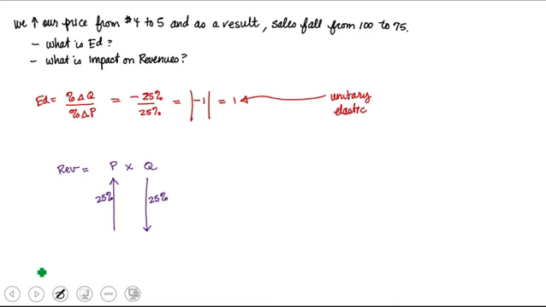So we know that one effect will increase revenue and the other effect will decrease revenue. But what's the net effect? It's the same. Stays the same, exactly.